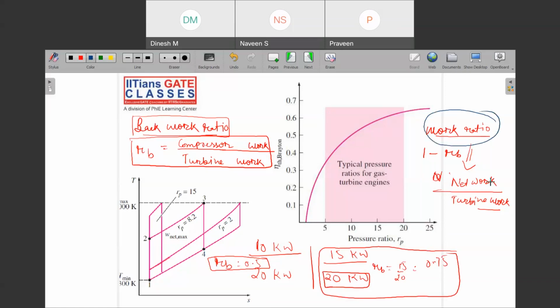Work ratio directly tells you your net work and your turbine work, the ratio of these two. So when your back work ratio is increasing, then your work ratio will automatically decrease. So for higher pressure ratios, this RW, the work ratio, gets decreased. Okay.